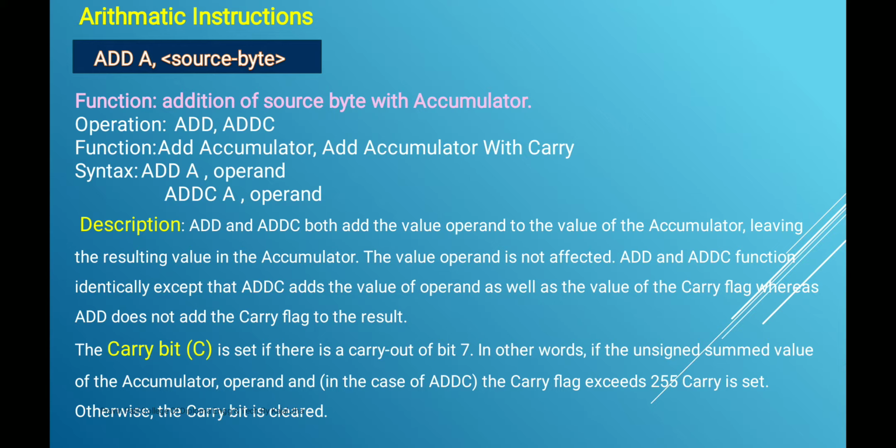That is ADD A, comma source byte. Its function is addition of a source byte with the accumulator. Here A means accumulator, the short form of accumulator is A. The operation is ADD or ADDC.